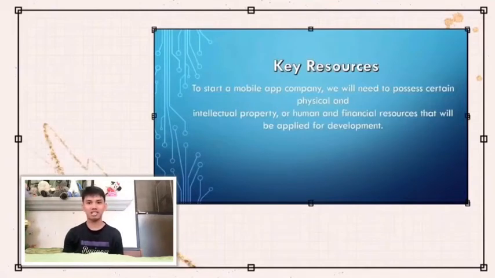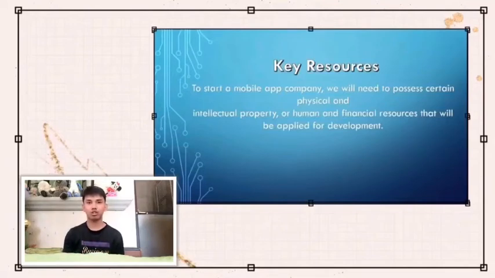The first resource is physical resources, which are equipment, tools, computers, internet, and building. The second resource is financial resources, which are money, assets, credits, and funds that will be used to pay for the development process.